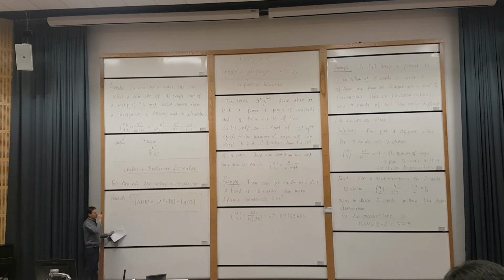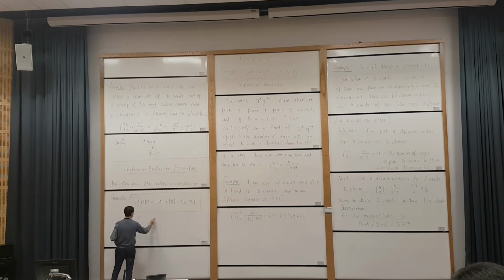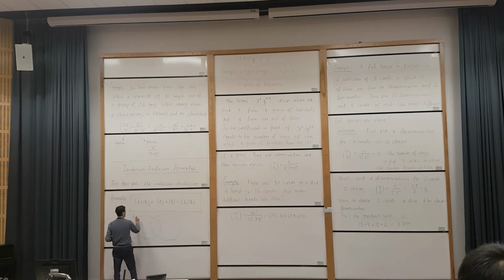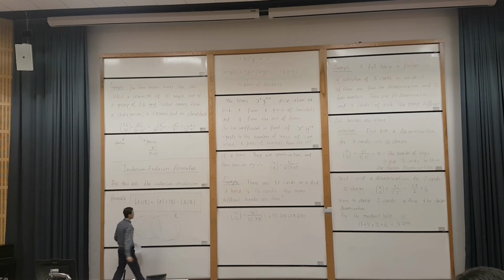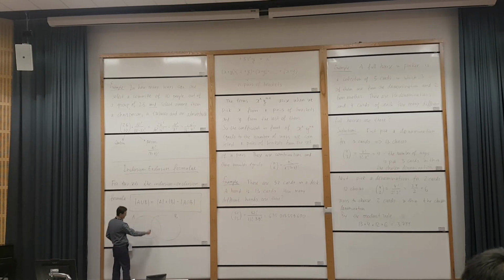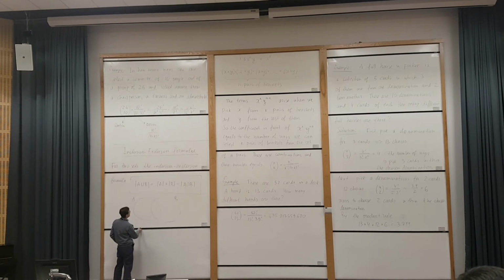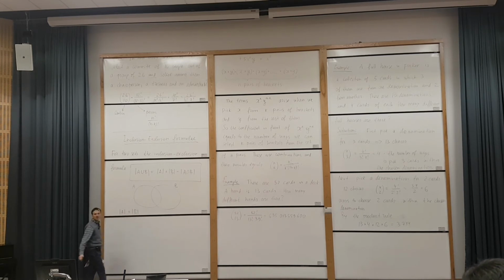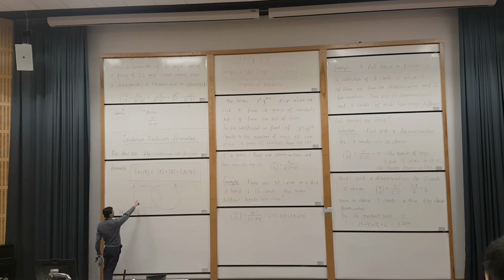And this can be illustrated on a Venn diagram. So in general, you have two sets, A and B, then the Venn diagram looks like this. And if you just take the number of elements in A and add to it the number of elements in B, then there will be certain elements in the union which will be counted once.